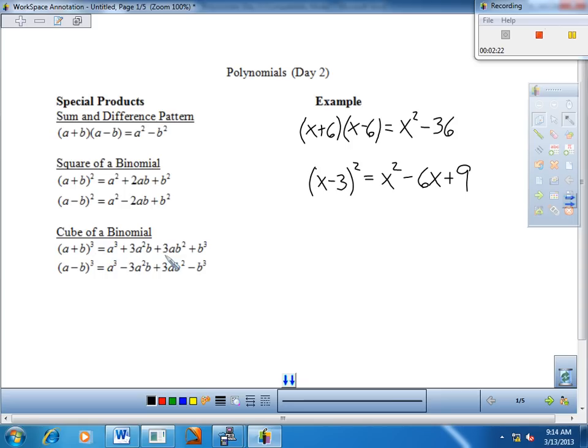So this pattern, even though it's not ideal, is at least a shortcut from doing a plus b times a plus b times a plus b. Which, theoretically, you could do if you wanted to. But let me go ahead and put an example in, show you what I have, and then we'll do a couple together. So if I did x plus 2 cubed, what it basically says is there are 4 terms to it.